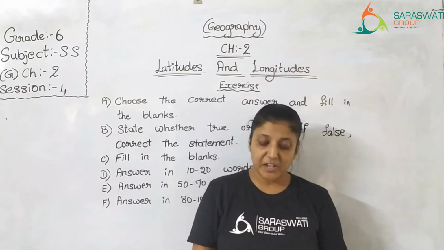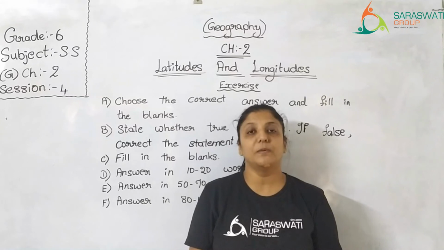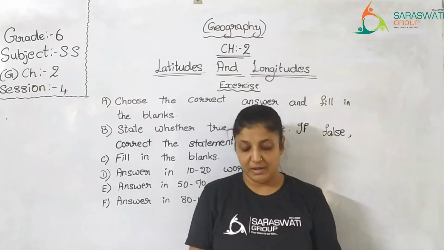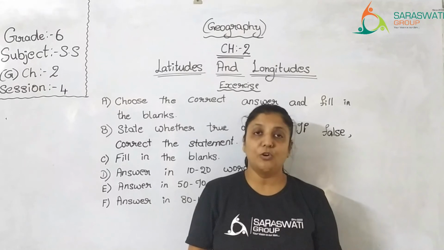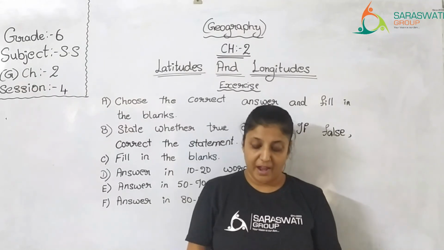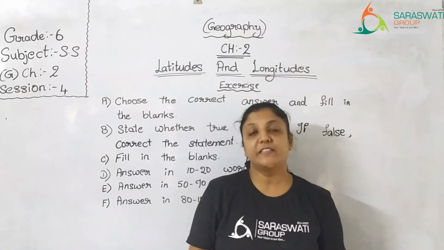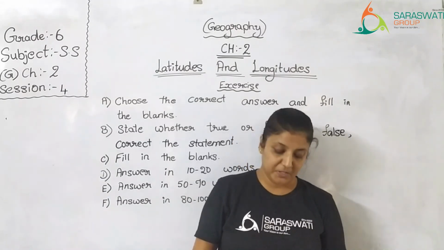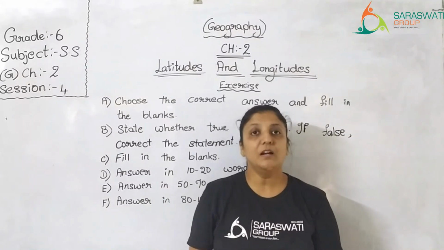It was decided by all the countries that the meridian passing through the British Royal Observatory at Greenwich near London would be taken as the starting line. It is regarded as 0-degree longitude and called the prime meridian. It divides the earth into two equal halves, that is, the eastern hemisphere and the western hemisphere. This is the answer.